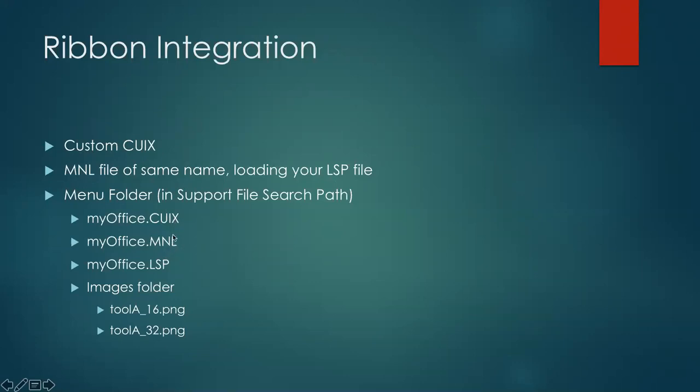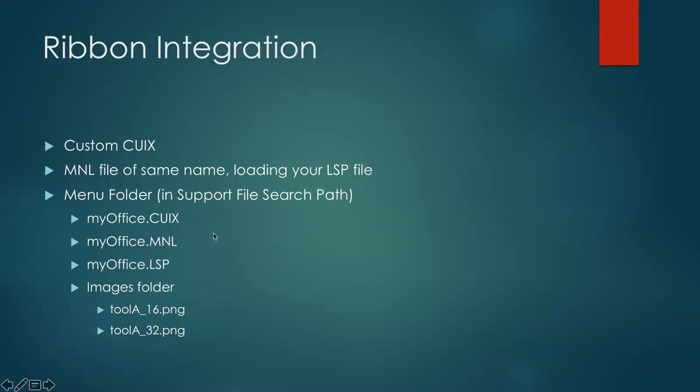All of this will be organized in a folder that is in the support file search path, so that when AutoCAD loads the CUIX, it won't look inside the CUIX for what additional Lisp to load. It'll look for an MNL of the exact same name, in the exact same location, and it'll then load that Lisp.